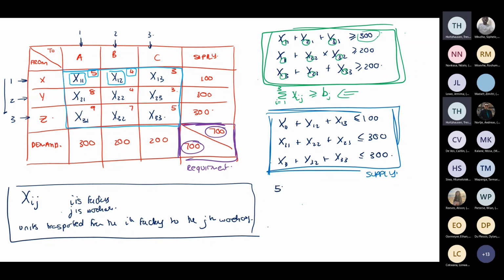So what we have is 5x11 plus 4x12 plus 3x13 plus 8x21 plus 4x22 plus 3x23 plus 9x31 plus 7x32 plus 5x33.